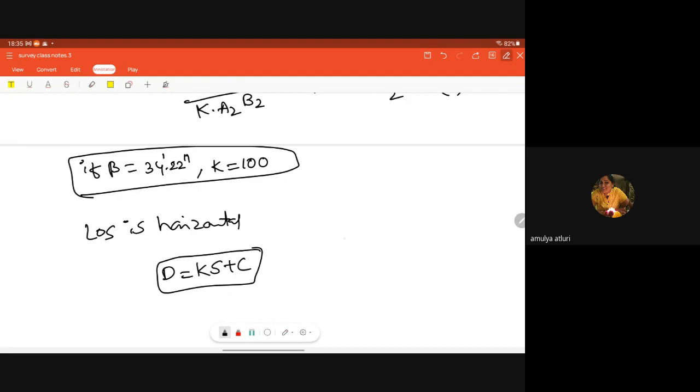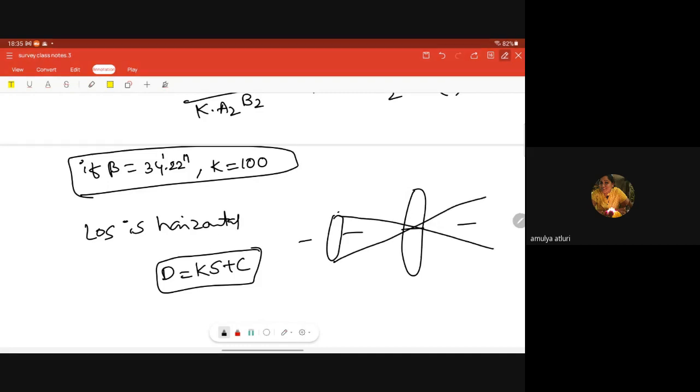Okay, I'll show you. So this is O and this is F2, the focal length of first and second lenses, F1, and this is I and this is S. Okay.